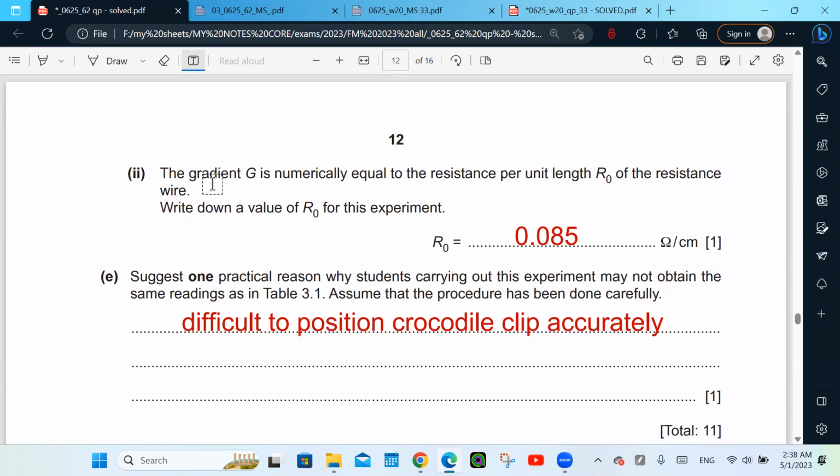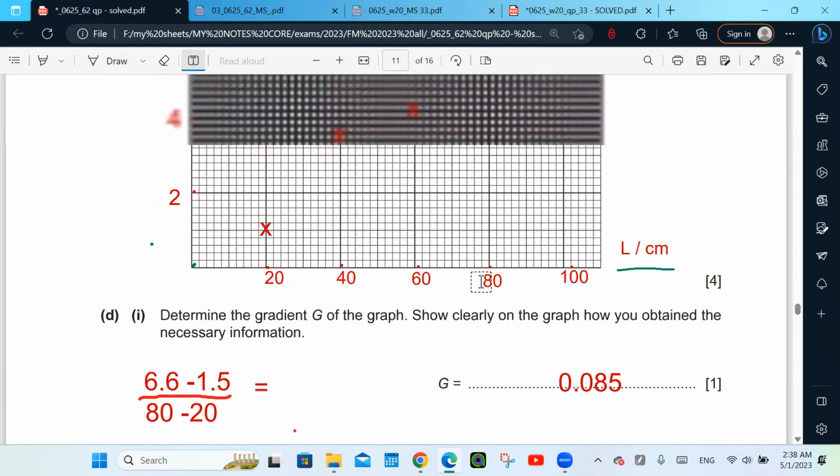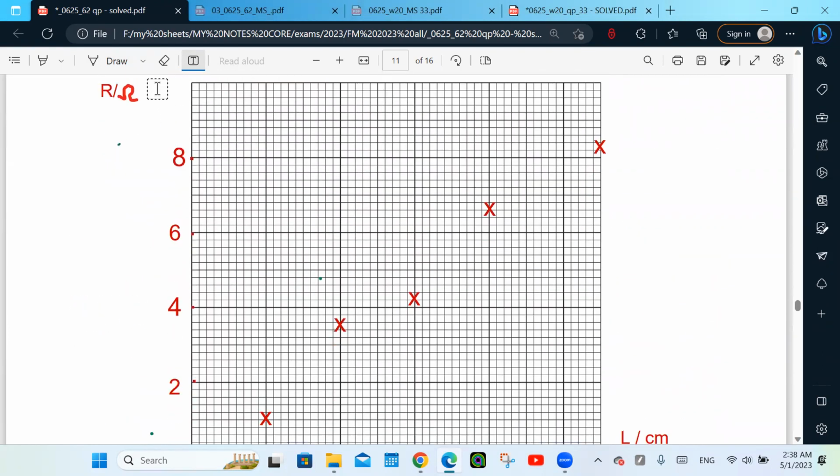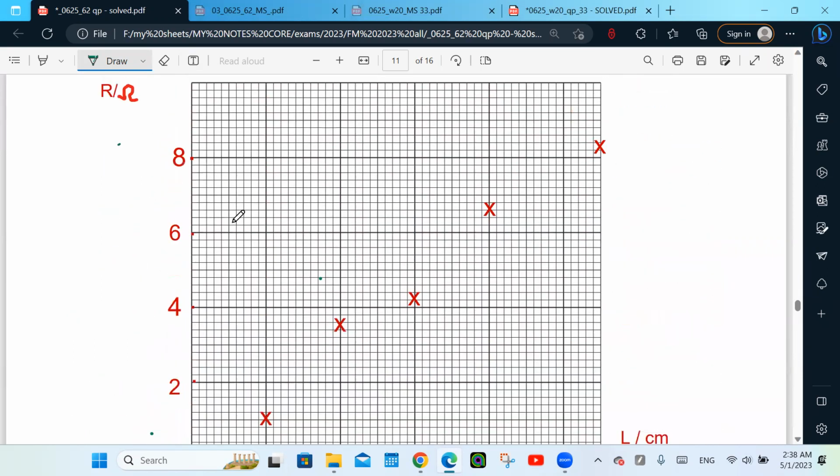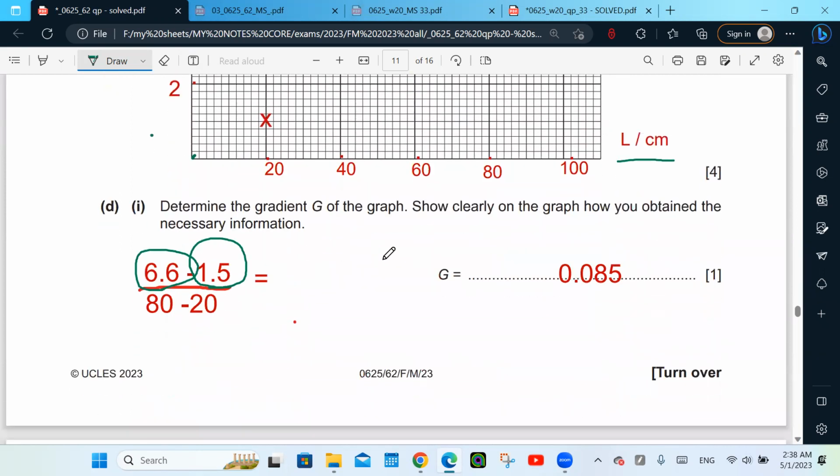Question E part I: the gradient is numerically equal to the resistance per unit length. Because the gradient represents R2 minus R1, you can use it like this: R2 minus R1. This is the first reading of the resistance, and this is the second reading for the y, 6.6 and 1.5.